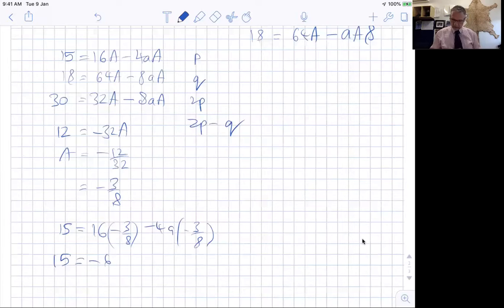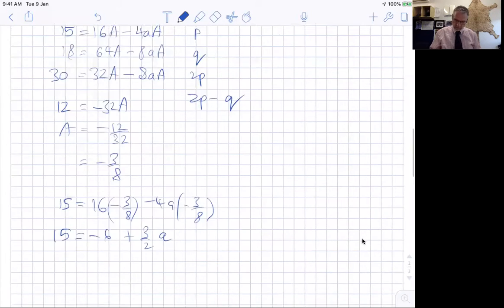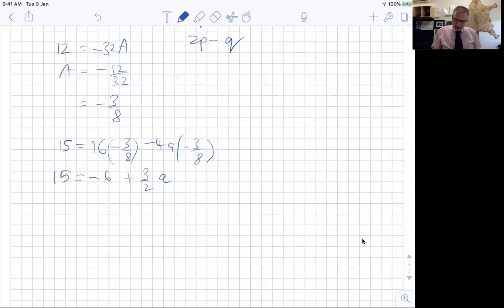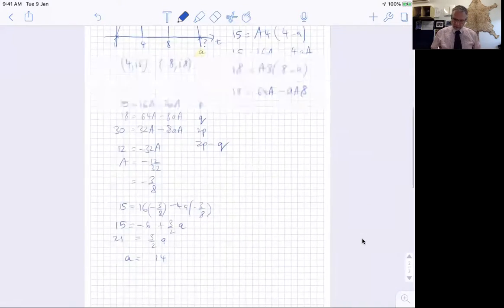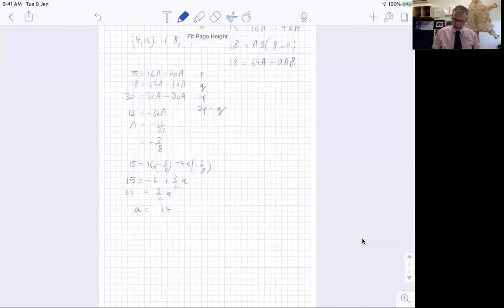It's negative 6, and three over 2a. And we're nearly there. So we've got 21, so that's 21 equals 3 over 2a, and we've got a is equal to 21 divided by 3 over 2, which is 14. And that actually is the answer we're after. So a is 14, so when does it return to the ground? After 14 seconds.